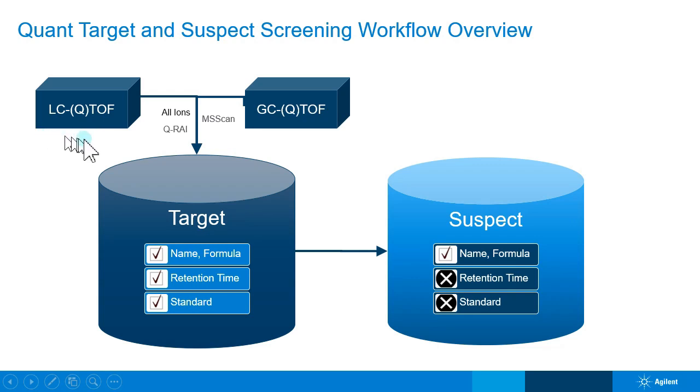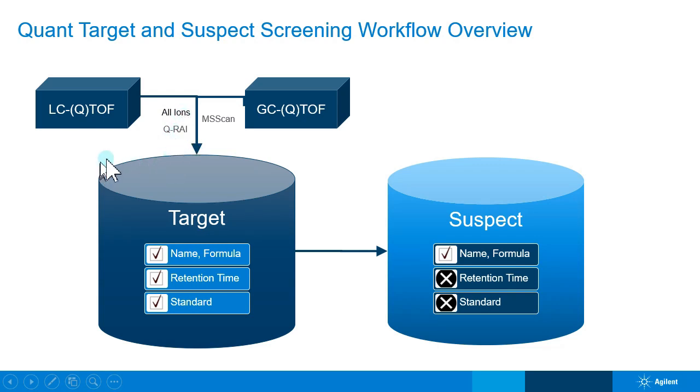The other dimension, which I'm going to concentrate on in this video, is LC-QTOF, and there are several variations of that, including all ions, which is what I'll do the demo with, and another one, Q-ray, which I'll talk about in a moment as to what's the difference between these.